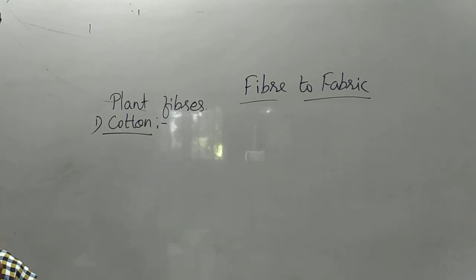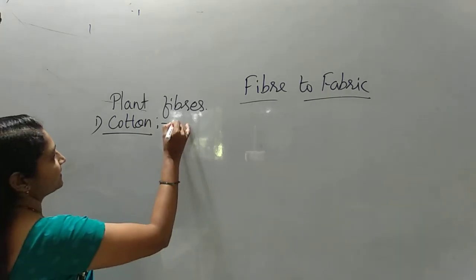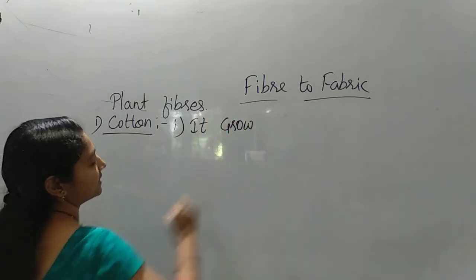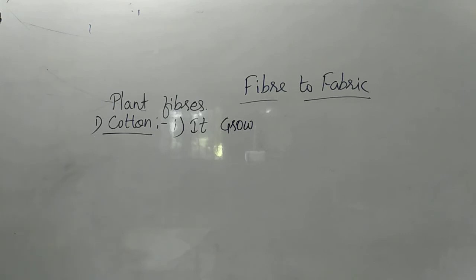So cotton wicks are used for oil lamps, clothes, filling of mattresses and also for pillows. And this cotton is grown in the field.